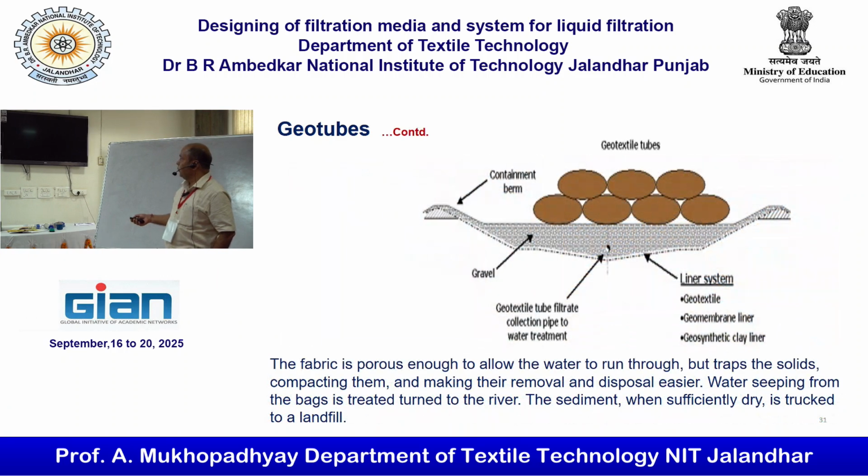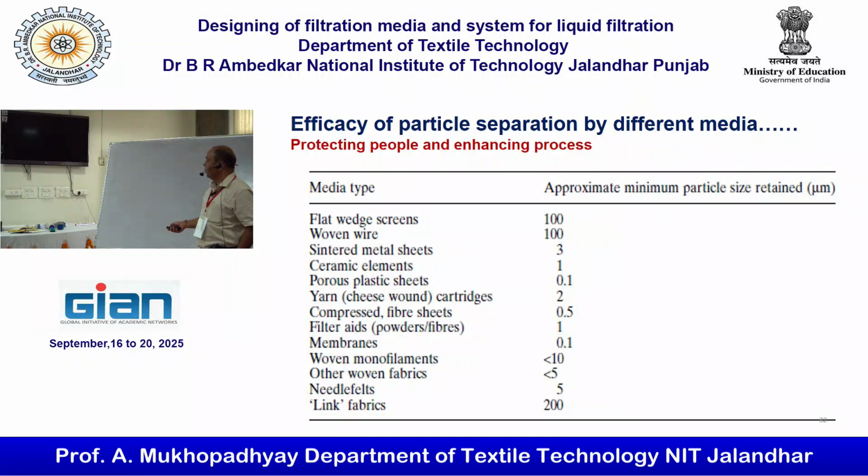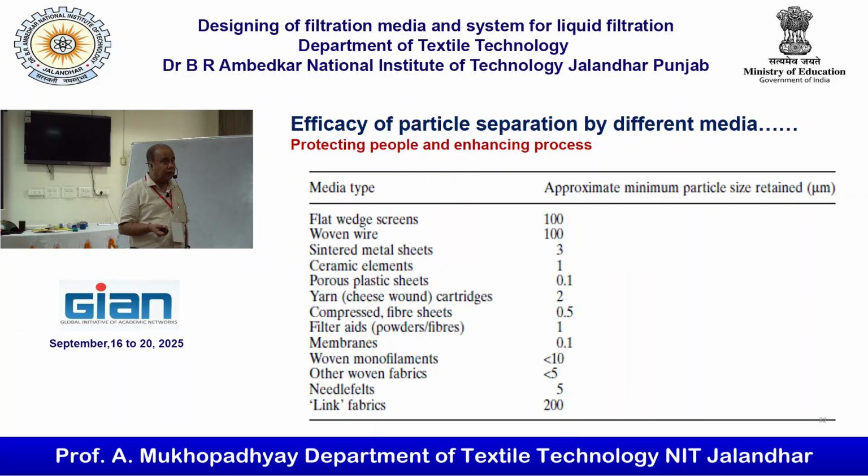Now if you see the efficiency of particle separation, different kinds of filter media have different particle separation. We can go up to 200 micron separation. The link fabric I have shown you can separate large particles. We can have woven wire, which can separate 100 micron particles. We can have nonwoven and woven cotton, which can separate even smaller particles.